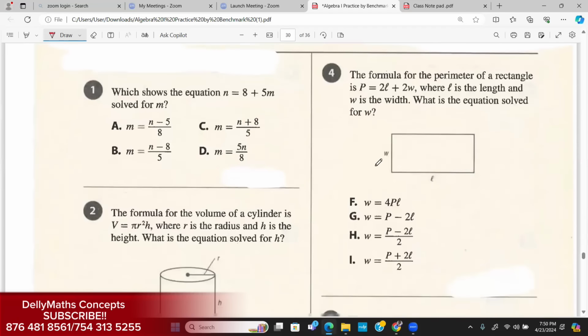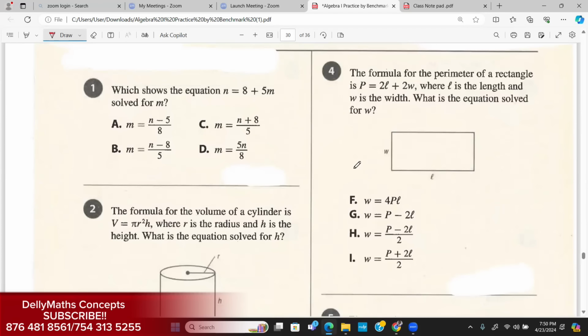8:30. This is my last piece right now, wrapping up. All right, let us take a look. It says, which shows the equation n equal to 8 plus 5m, we're solving for m. Now, if you're solving, it simply means to isolate the subject, the thing that we're solving for. So my aim is that I want to isolate m, but there's a process I must go through. First things first, I'm going to subtract 8 from both sides. So right now I have n minus 8, which is equal to 5m.